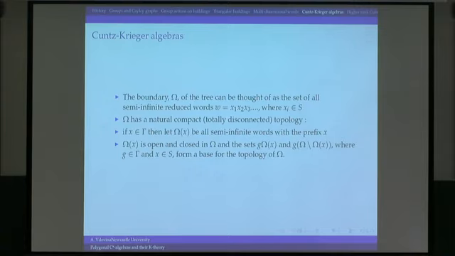And you see the difference: in a one-dimensional case it's easy to define the boundary. The boundary is just those semi-infinite words with given prefix and so on. So I think this is quite a classical construction, which I don't need to talk too much about.